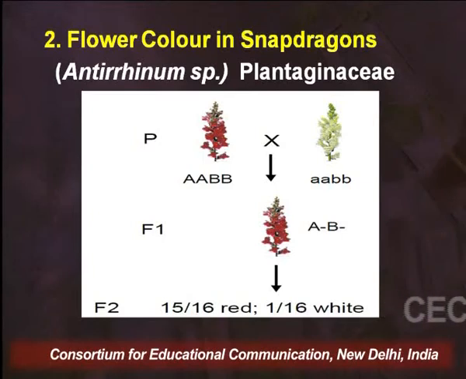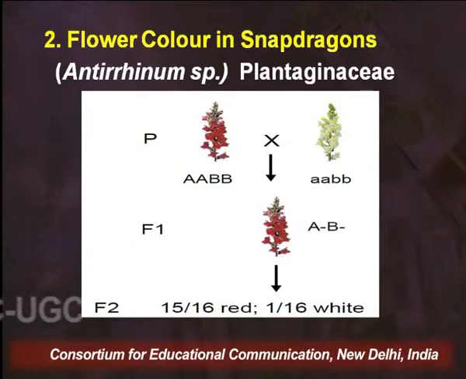And the red ones would be signified by the capital A and capital B genes. Mind you, these are on two different chromosomes, but they have the same effect, as I said in the beginning. And a flower would be white only when it is in a homozygous recessive, or let us say a double homozygous recessive condition.